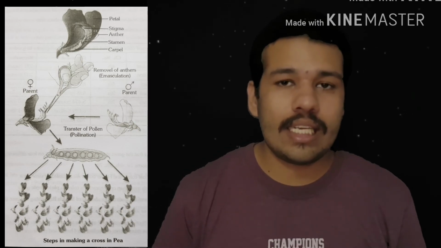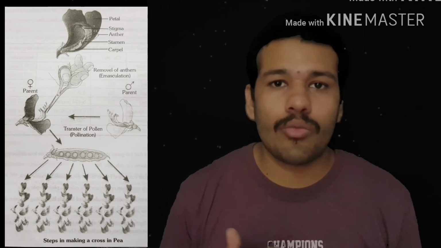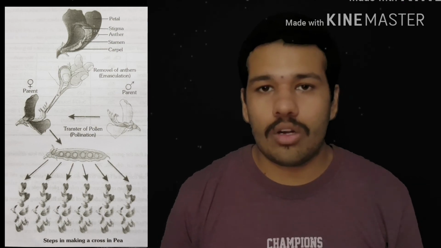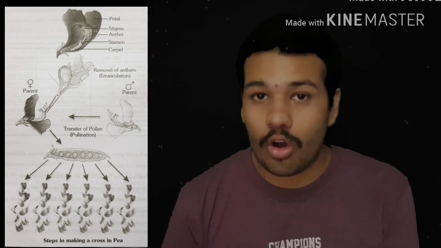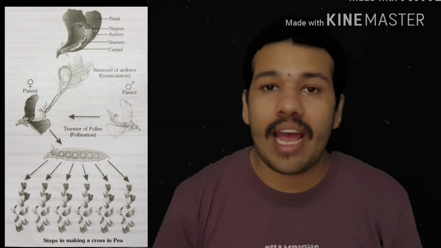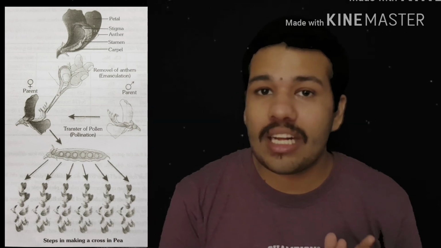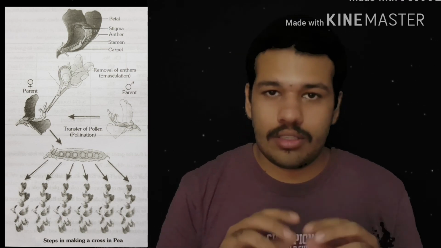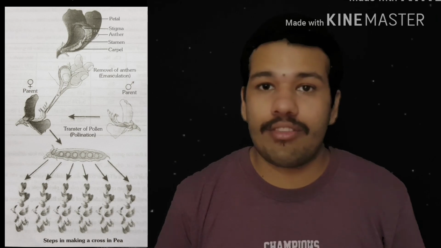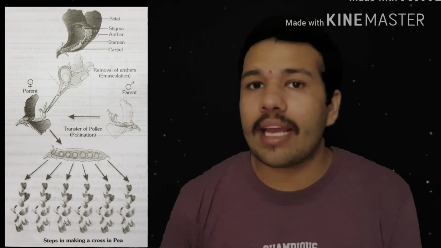Now separately, emasculation means removing one of the 2 or both the gamete organs. So if you remove the anther or stigma from an immature flower, it's called emasculation, and covering the emasculated flower with a bag is known as bagging. It's that simple. So this was it for Mendelism.